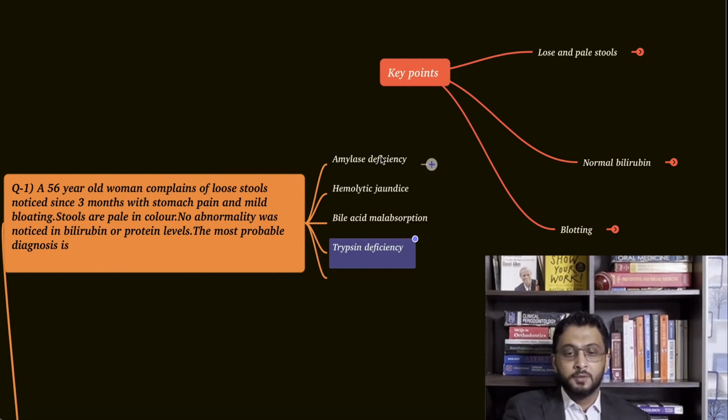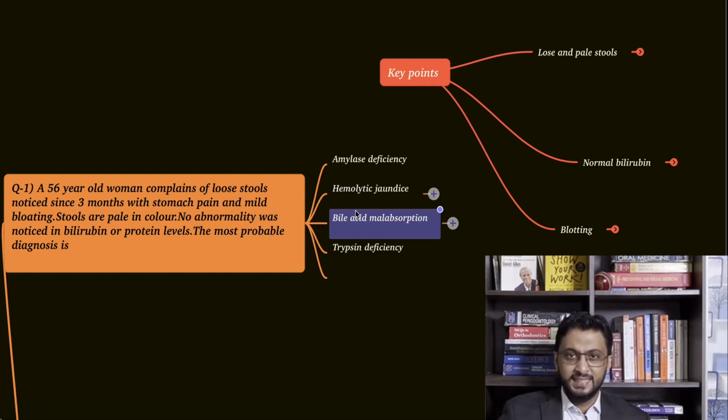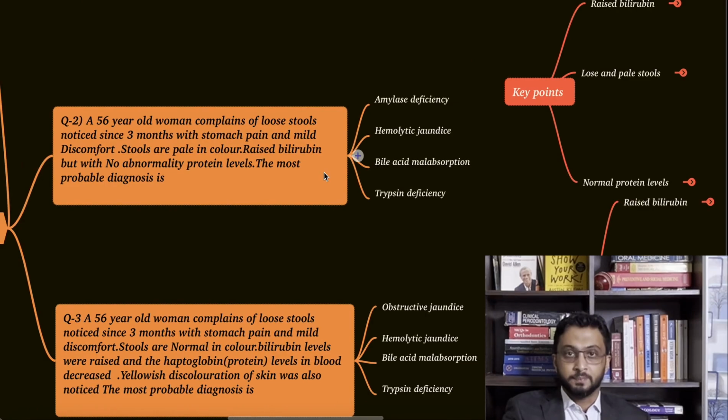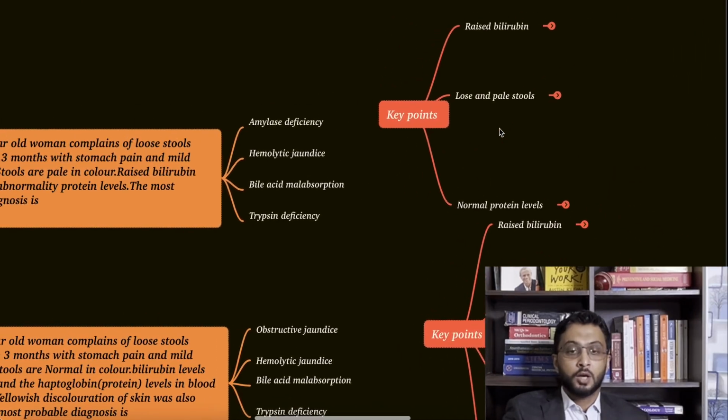Please note both of them have no role in changing the color of the stools, whereas bile acids can change the color of the stools. I'll come to the details of that. The only reason the stool color became pale is bile acid malabsorption. Now, if you go to the second and third, both of them have one thing in common.